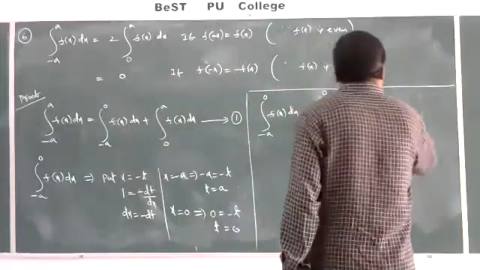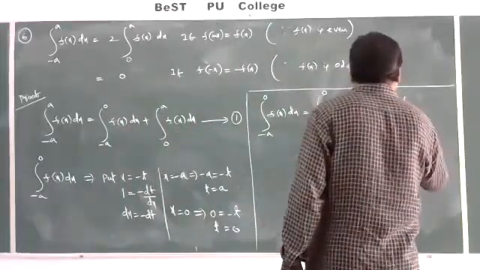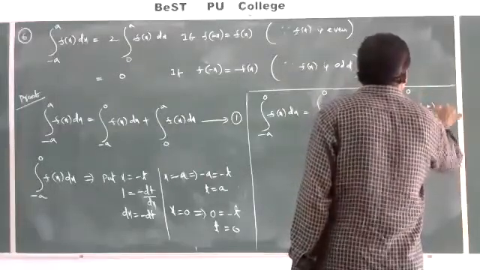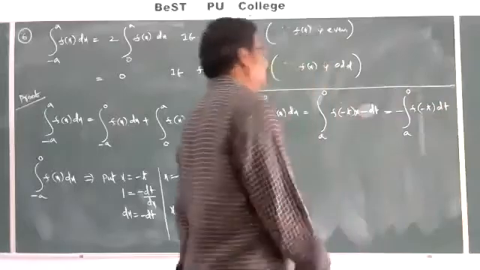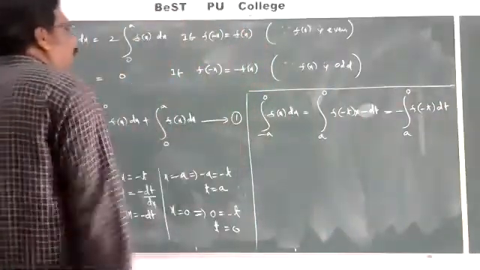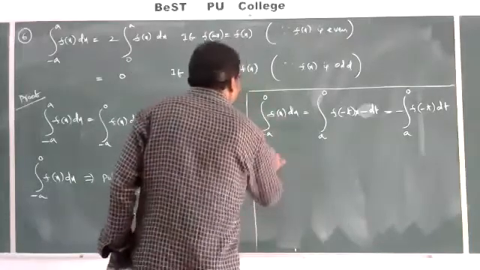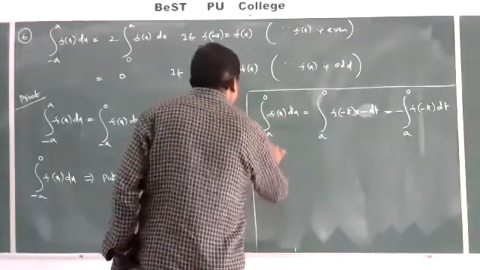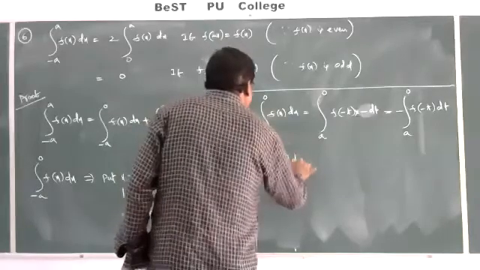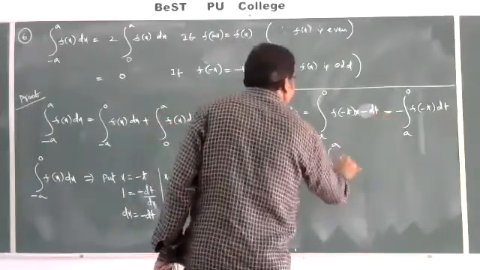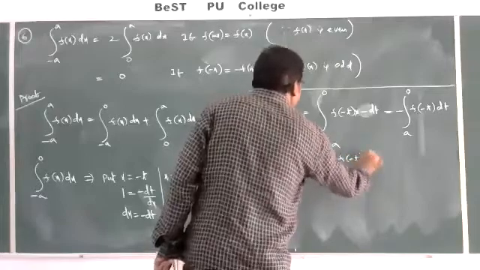So that is equal to minus integral a to 0 f of minus t dt. For the minus, the limits are changed, that is integral minus a to 0 f of x dx is equal to integral 0 to a f of minus t dt.